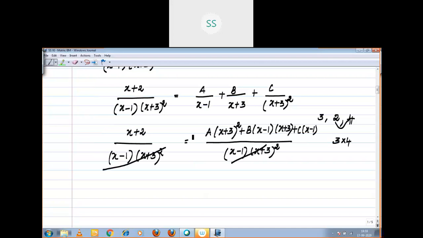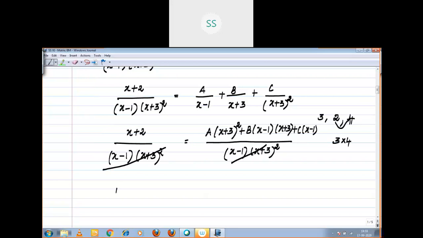Cancel. In between the equals, the denominators are the same. Did you understand this children? The first one you consider as 3, the second as 2, the third as 4, the denominator. Then 2 exists inside, it is included. That's why we are taking 3 into 4 as the LCM. The same way, x minus 1 into x plus 3 the whole square as the LCM.